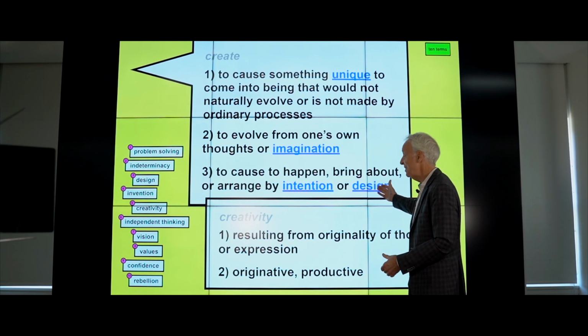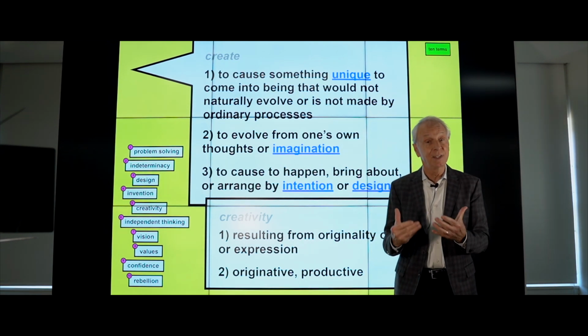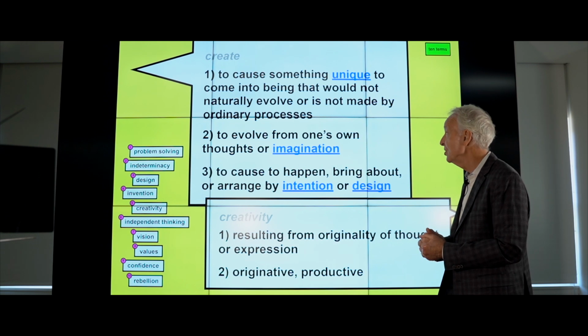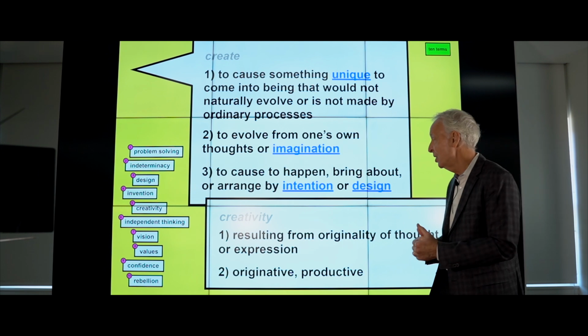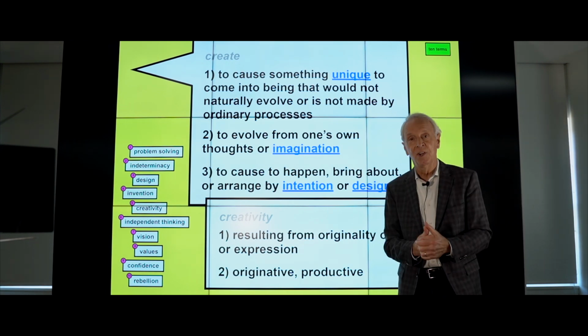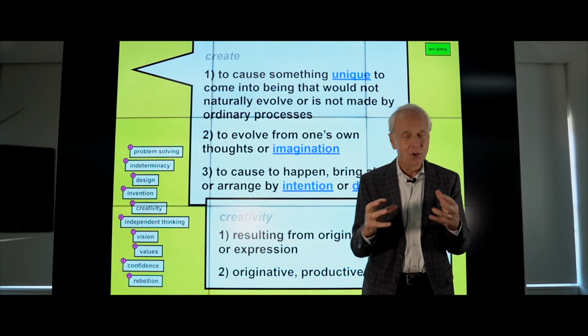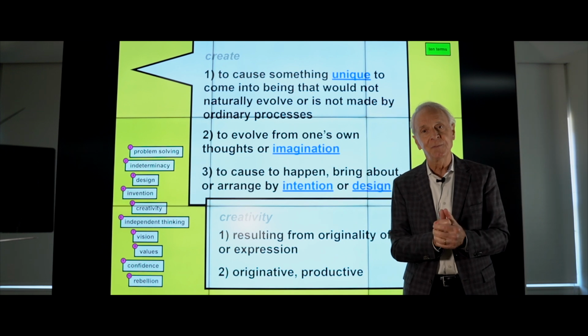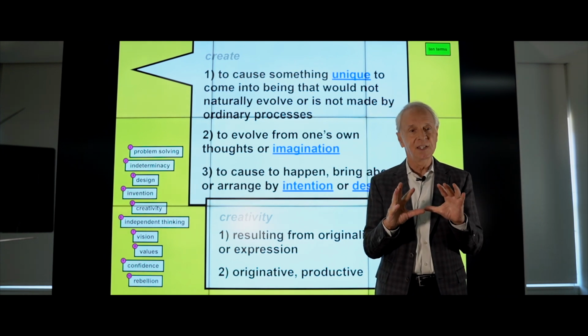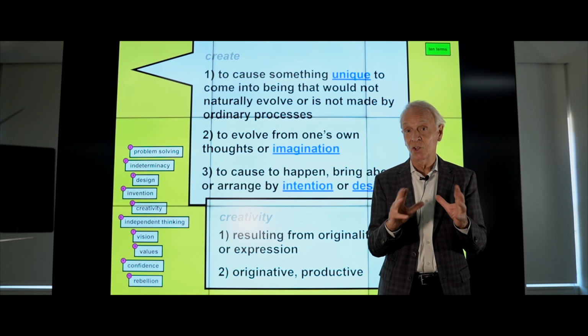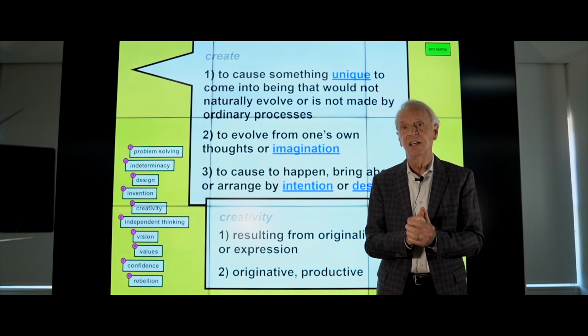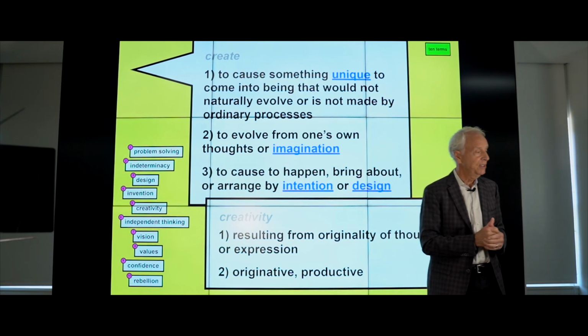So again, design becomes inherently a part of creation. Creativity results from the originality of thought or expression, or is originative or productive. So again, over and over, these definitions emphasize something that is new, fresh, invented, original, unique. That's what we're looking at in creativity.